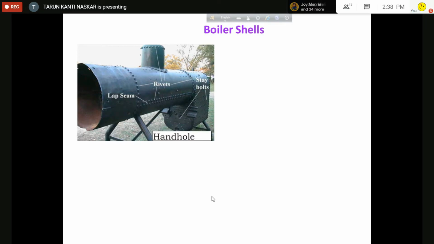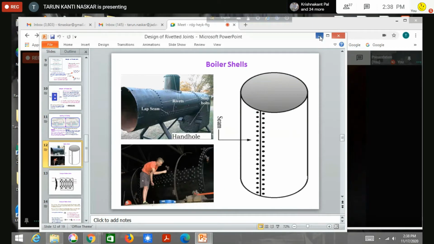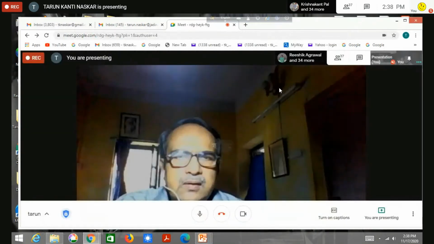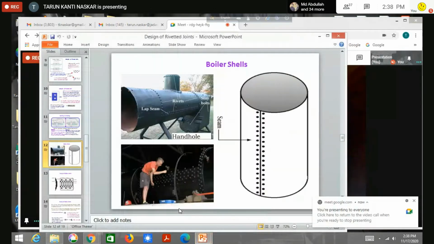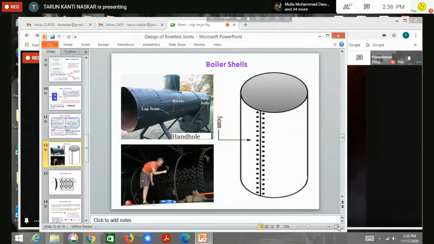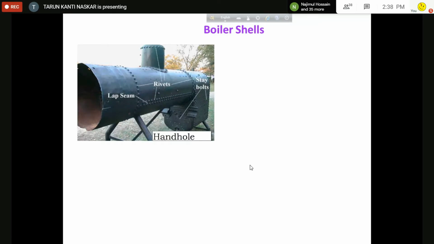Now the design of boiler shells. Now we will do it for academic reasons, because normally the riveted joints have been replaced by the weldment joint. But from an academic point of view, or for academic interest, we will discuss this method, that means designing boiler shells or manufacturing boiler shells by riveted joints.